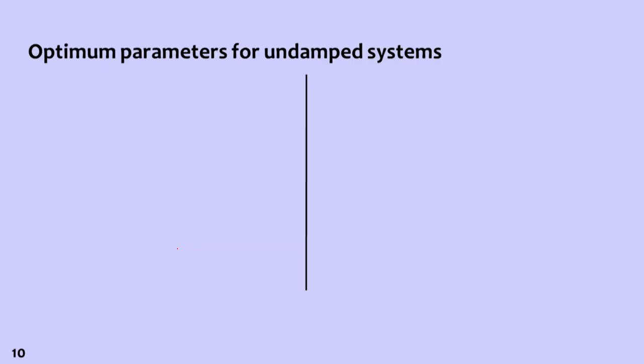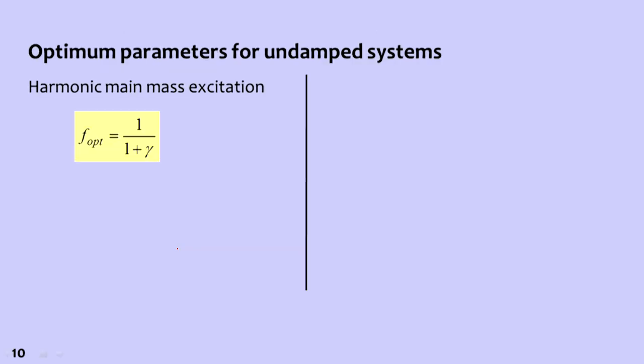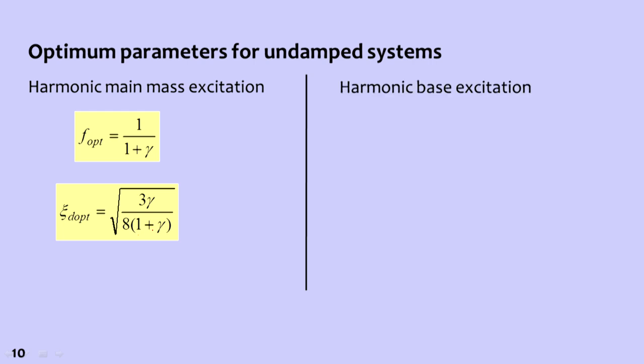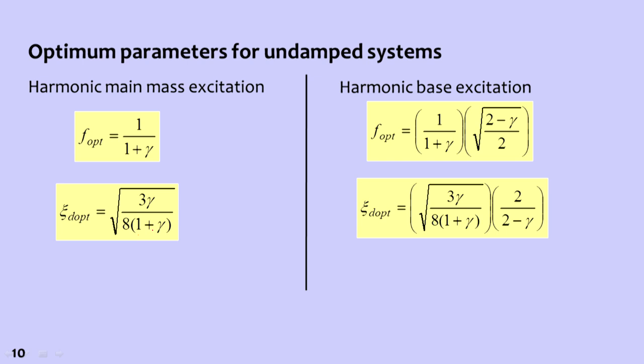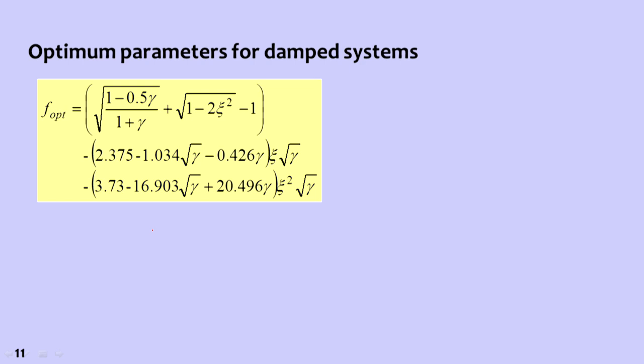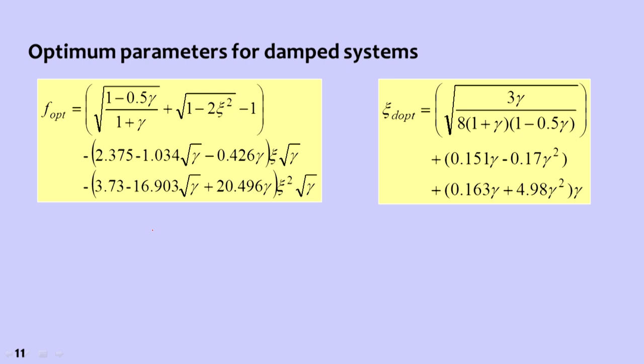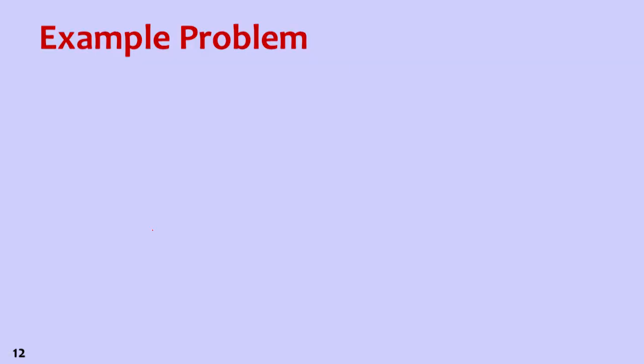The optimum parameters for an undamped system with harmonic main mass excitation: f optimum is 1 by 1 plus gamma, where gamma is the mass ratio, and the damping of the damper, zeta optimum, is the square root of 3 gamma by 8 into 1 plus gamma. For harmonic base excitation, f optimum and zeta optimum values are given. For optimum parameters for damped systems, f optimum is given and zeta optimum is given like this.